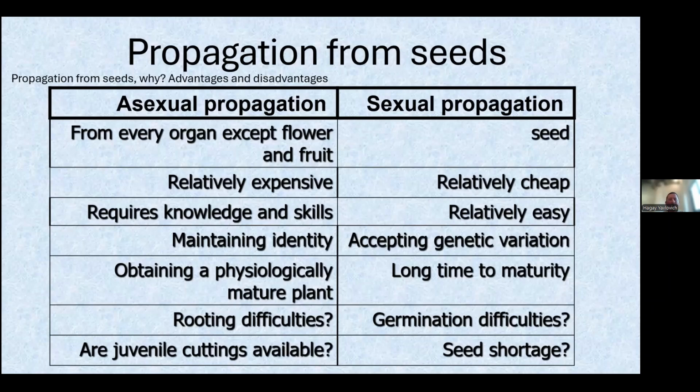So you have to know your tree and decide in which way you want to propagate it. And as I said before, in forestry we prefer working with seeds because you get genetic variation.